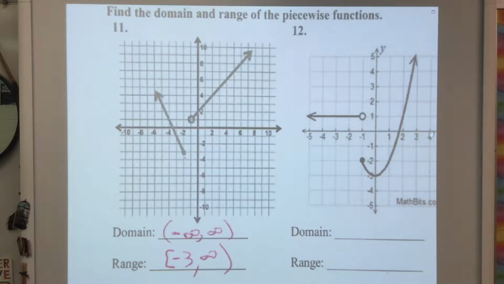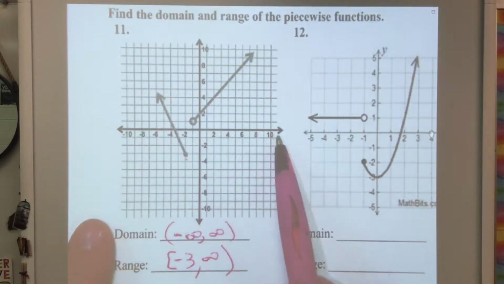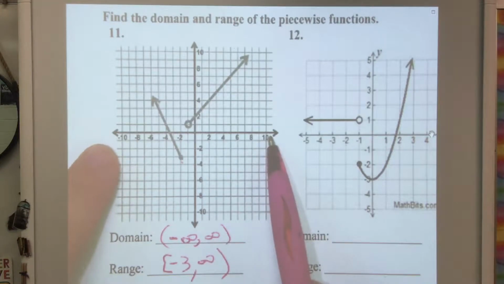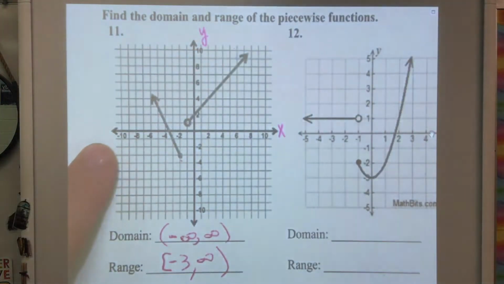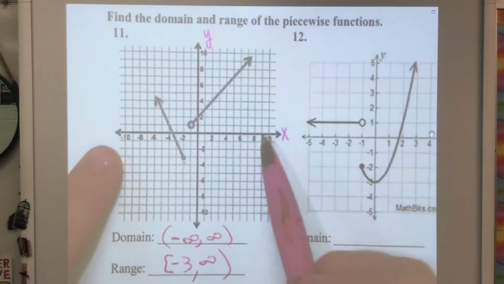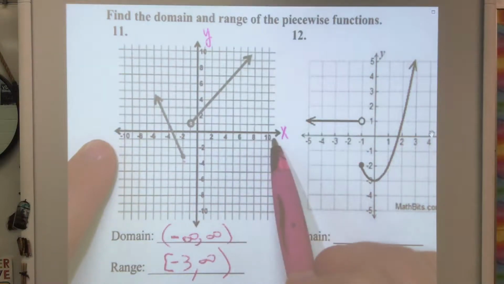for domain and range. And for this one, remember domain is all your x values, so think of the x axis. This is the x axis, this is the y axis. And the x axis is what we'd be looking at, from negative infinity to infinity.